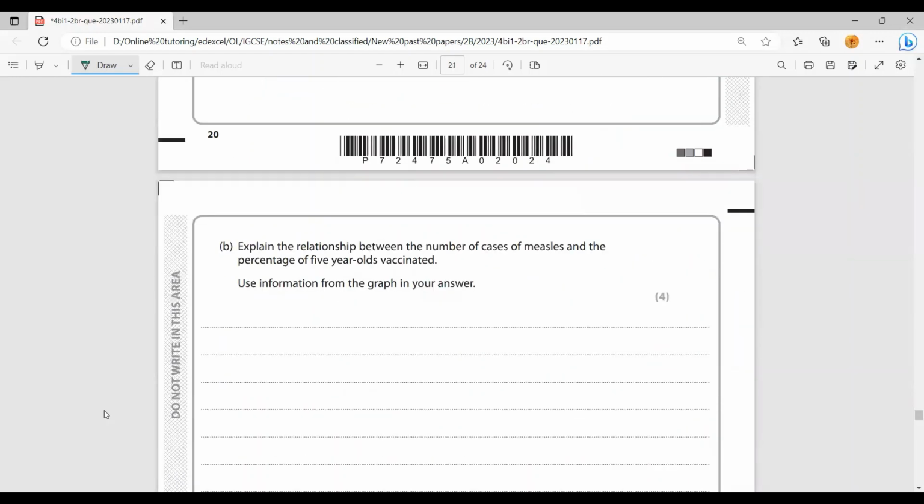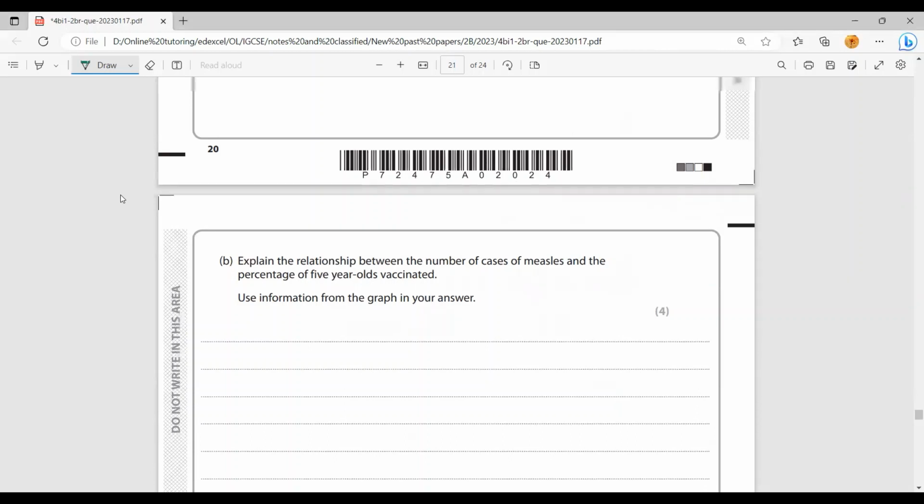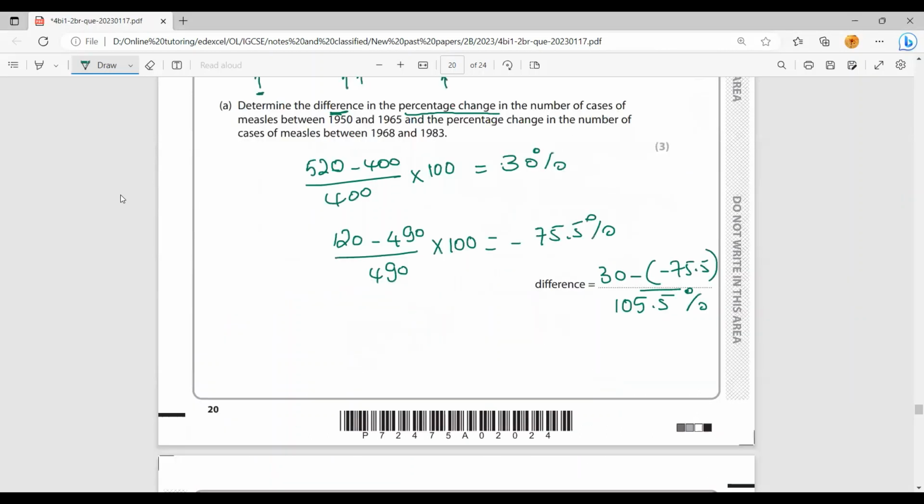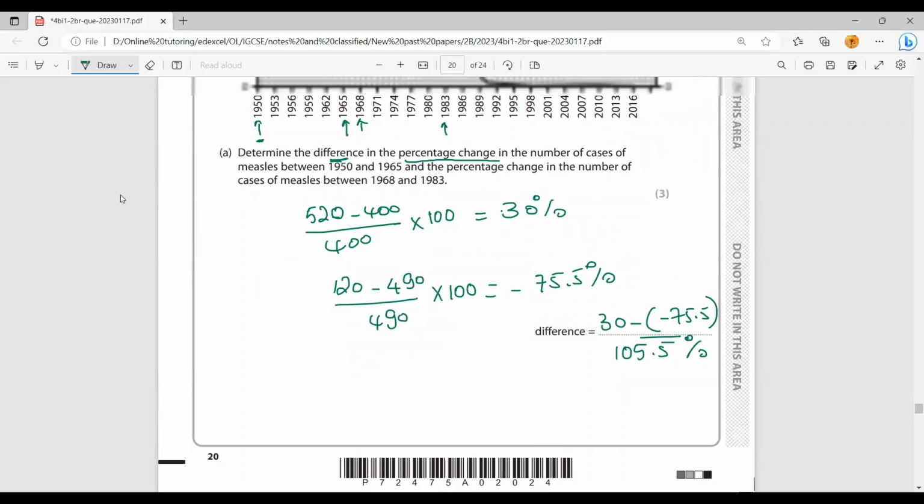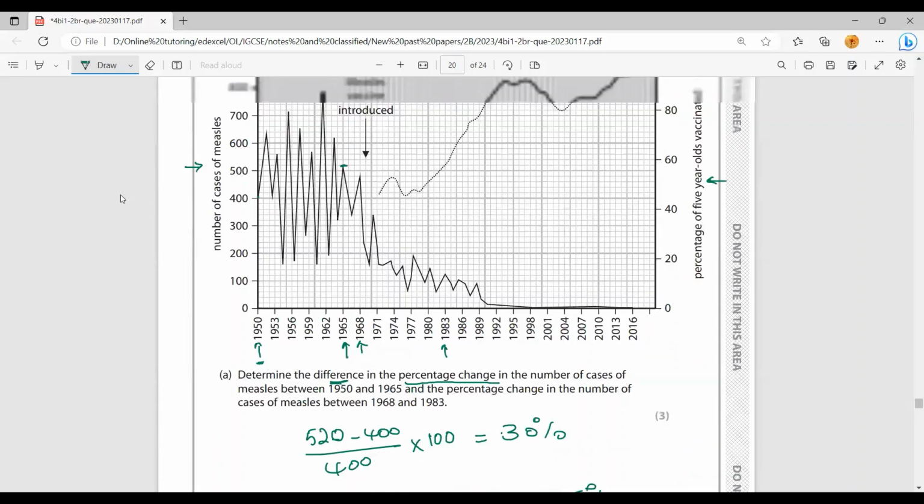Miss, is there a range for the numbers? Of course, definitely, because I got different numbers. Maybe you used different numbers from the graph.